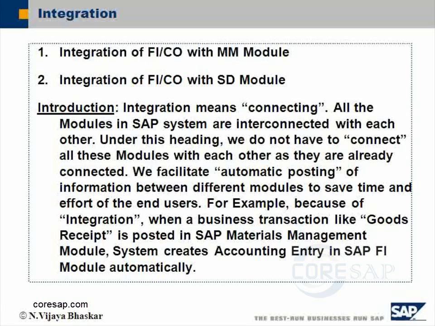Now let us talk about FI SD integration. Again, when we connect the FI and SD modules, when business transactions are posted like sales order, sales delivery, etc., the user will be creating basic details only, like name of the customer, name of the product, quantity, etc. The system takes care of valuing that material, right?